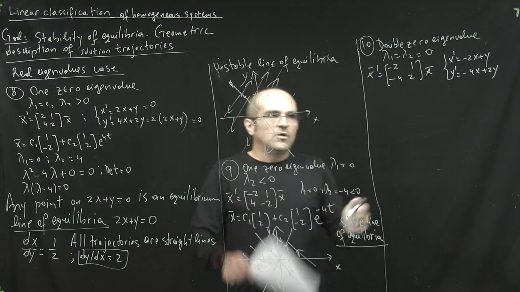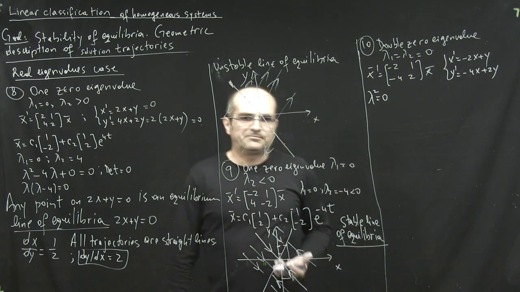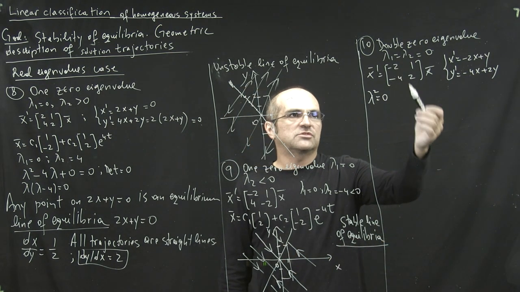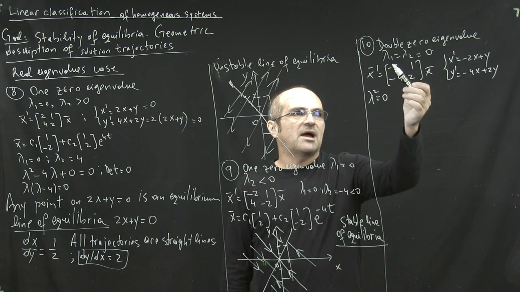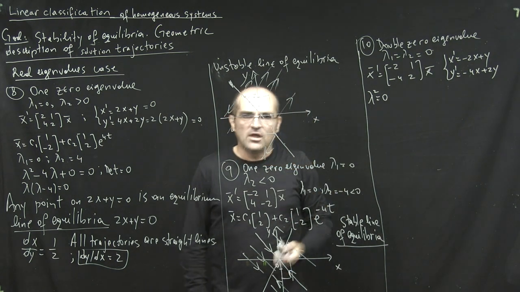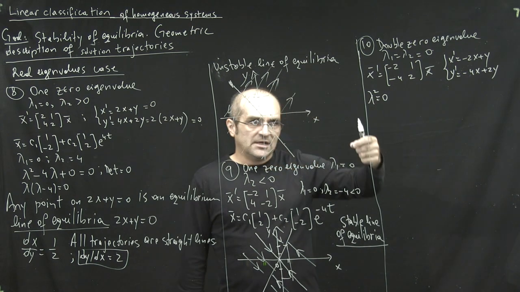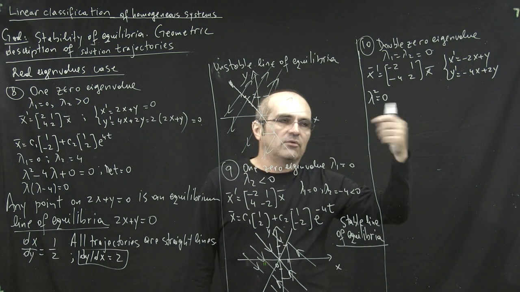Okay, so if you compute the characteristic equation, you get lambda squared equals 0. The trace is 0: lambda squared minus the trace, -2 plus 2. The determinant is -4 plus 4, it's 0. So the characteristic equation is just lambda squared equals 0. I didn't write the solution here, but if you were to solve it, you would use the second case, when you have to find the generalized eigenvector and all that kind of stuff.